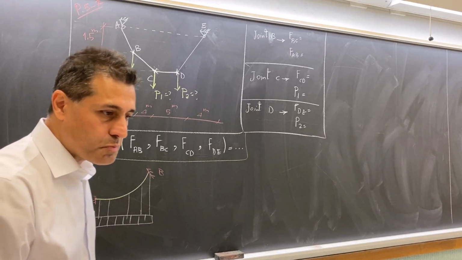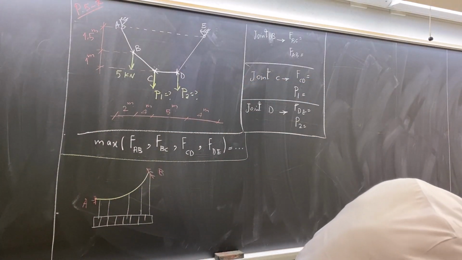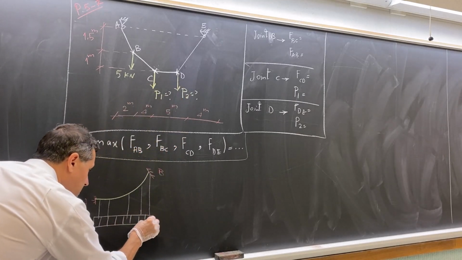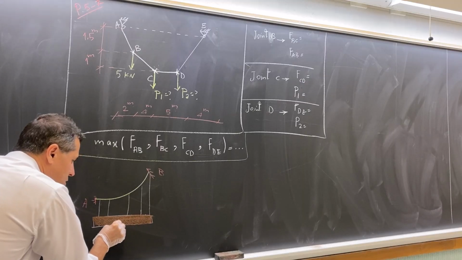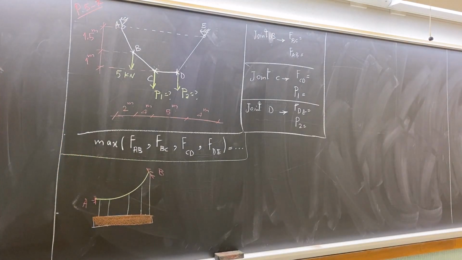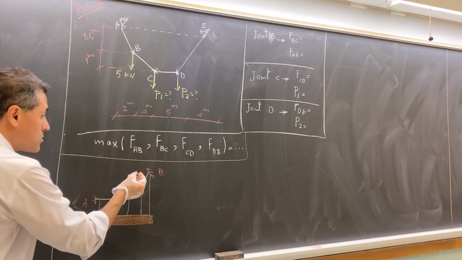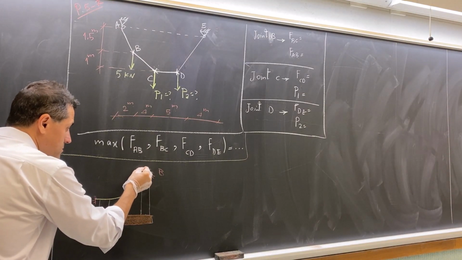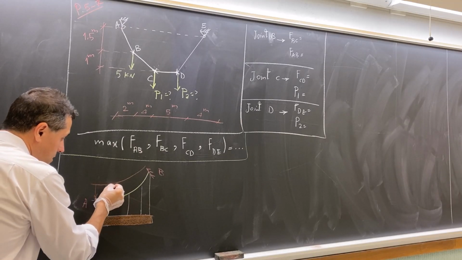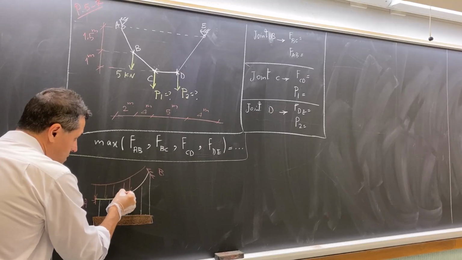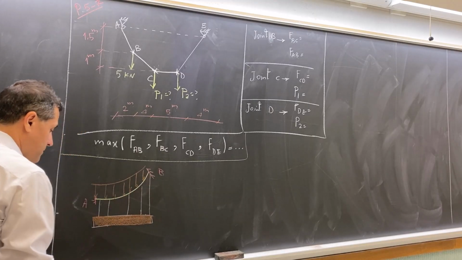So let me use brown color for that. Basically this is a beam in brown color. The load which is transferred to the cable is uniformly distributed load. So we show it in this way, uniformly distributed load downward.